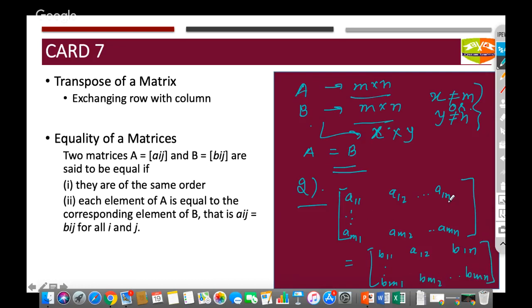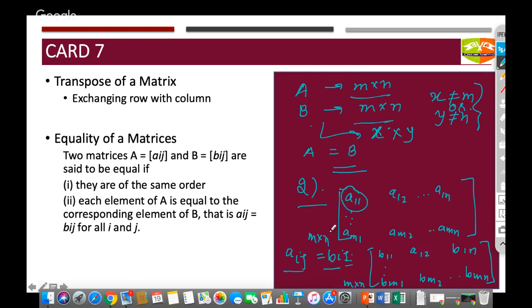So both the matrices are first of all of m into n order. This is m into n order. This is m into n order. And now, for these to be equal, it means that Aij over here is equal to Bij. It means that only corresponding elements are equal.